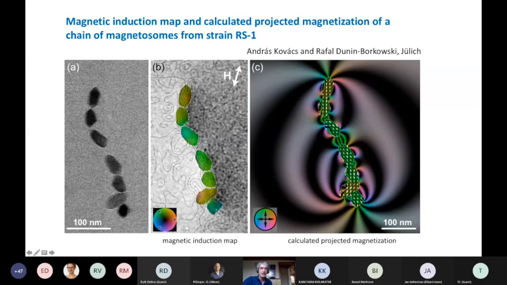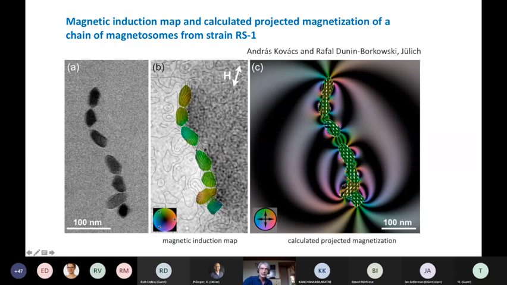And what you see here is one thing is the color. So most of them are green. Green just means that the magnetic induction is in this direction, or slightly yellow when the magnetic induction is in this direction. And also these fringes show how the magnetic induction changes as you go across the particles.